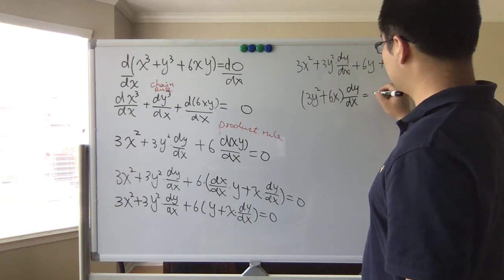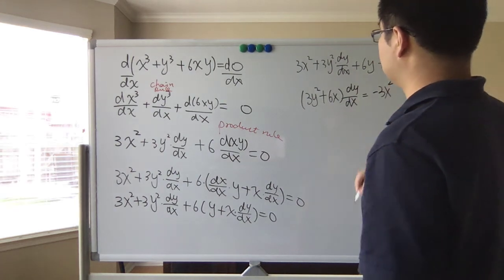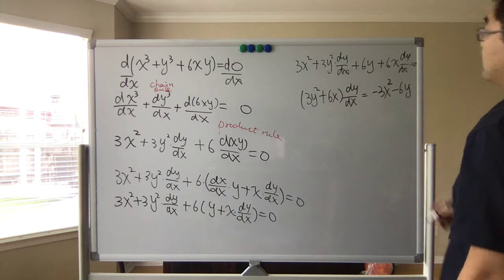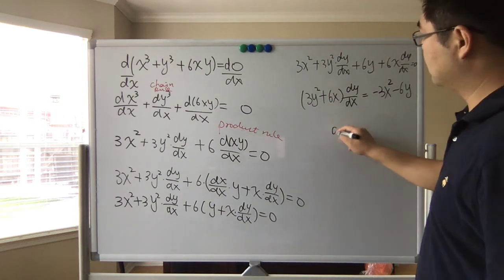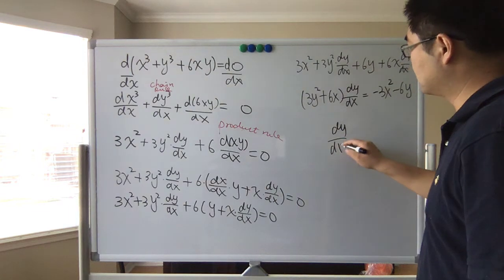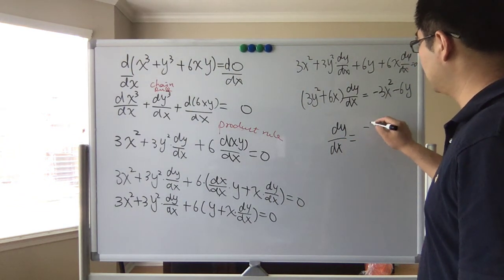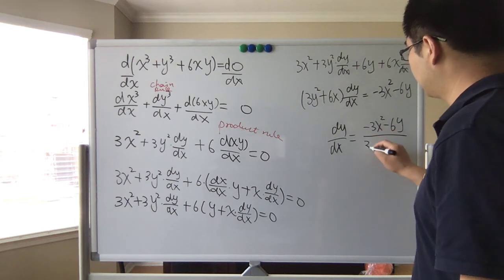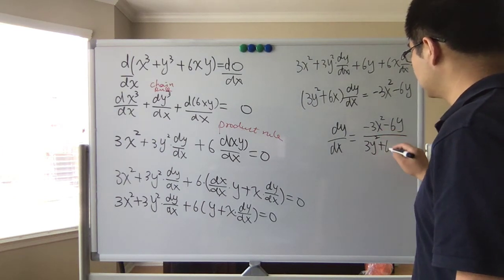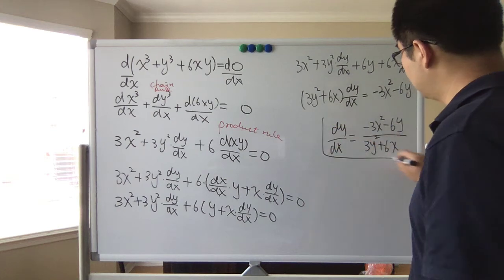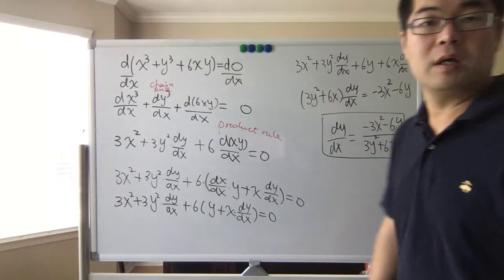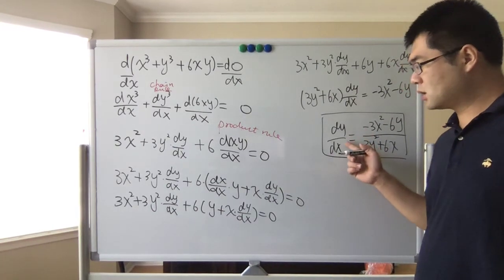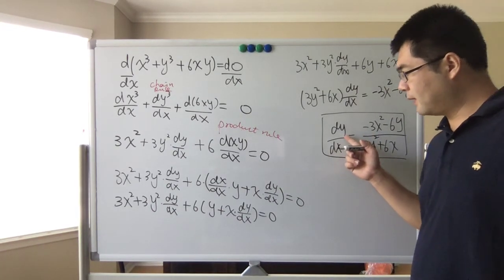And subtract 3x squared, which gives us negative 3x squared. Subtract 6y on both sides, which gives us negative 6y. And hence, dy/dx equals negative 3x squared minus 6y over 3y squared plus 6x. Mission complete, guys.